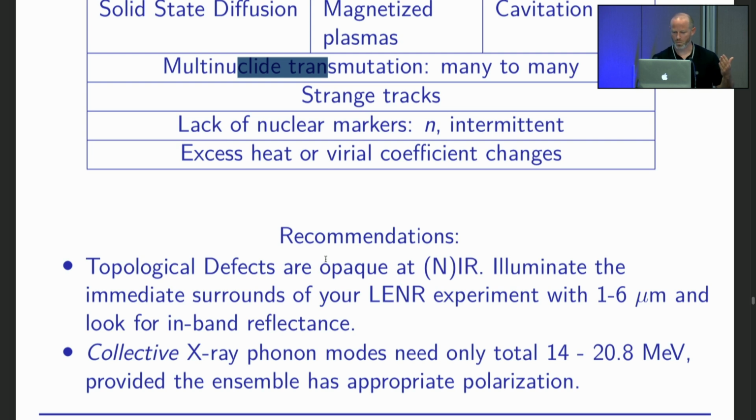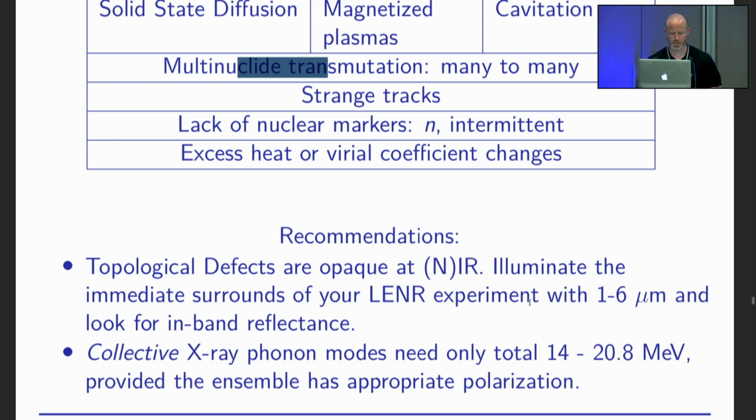But what it also should clue us into is if we illuminate the immediate surrounds of your experiment and you're getting strange tracks, or you're getting these anomalous emissivity readings, then illuminate with somewhere in the range of 1 to 6 microns and look for in-band reflectance changes, both in time and space.